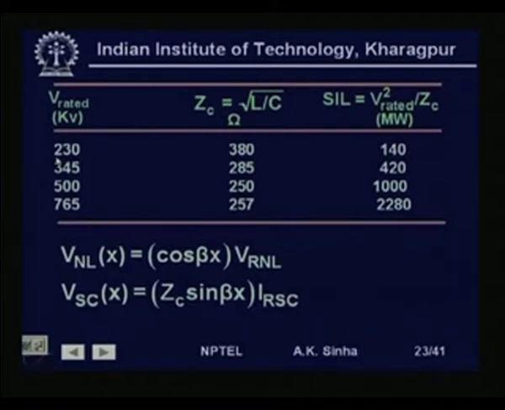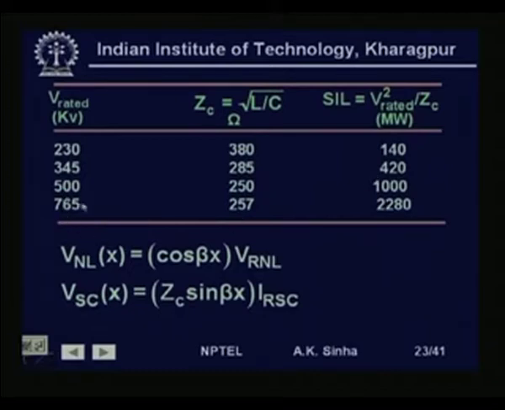For a rated 230 kV line-to-line voltage 3-phase system, Zc is about 380 ohms, and the surge impedance loading is about 140 megawatts. Similarly, for 345 kV, it is about 285 ohms, and the surge impedance loading is 420 megawatts.